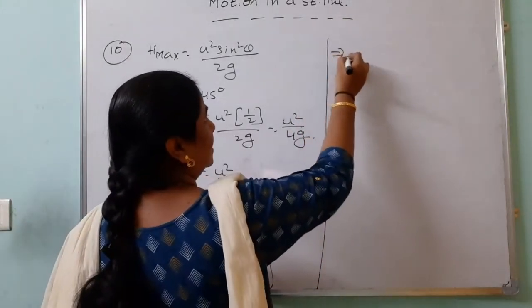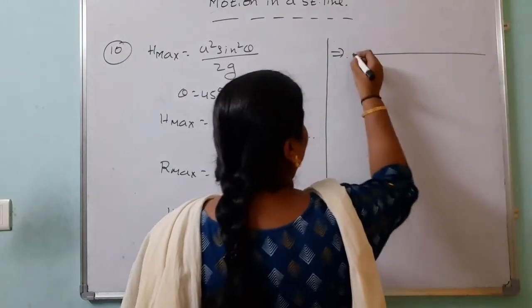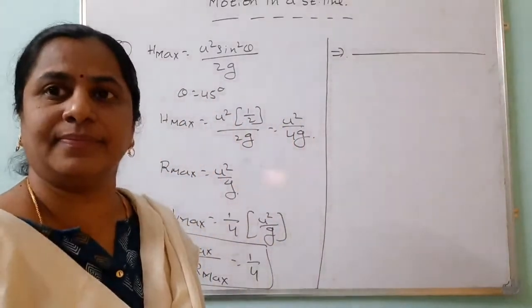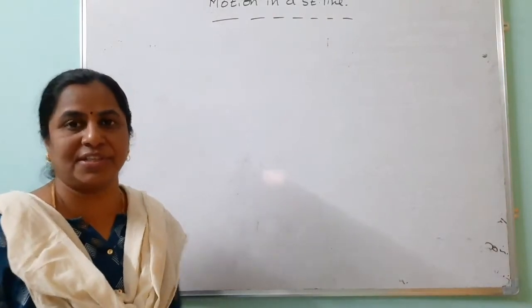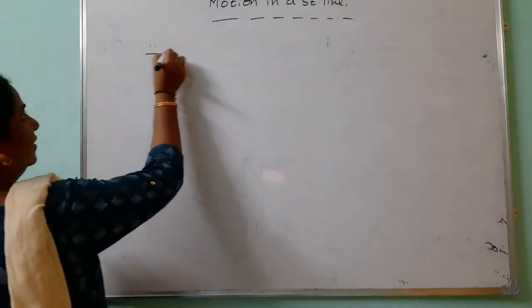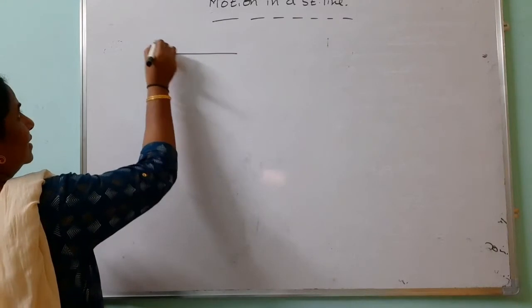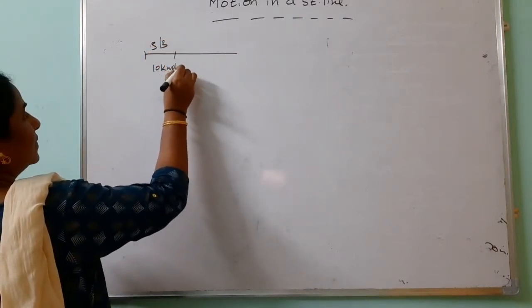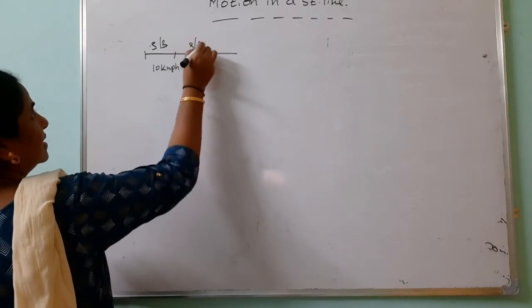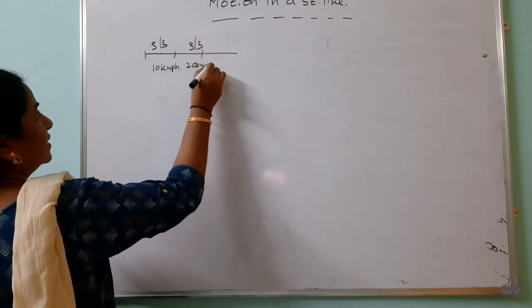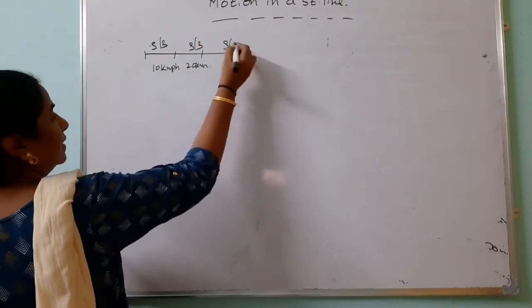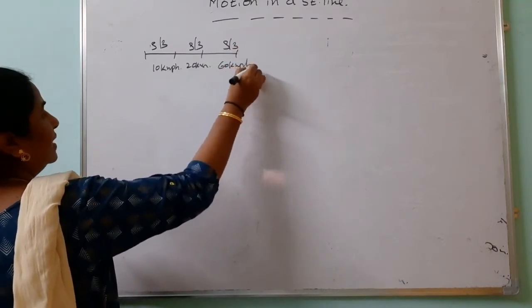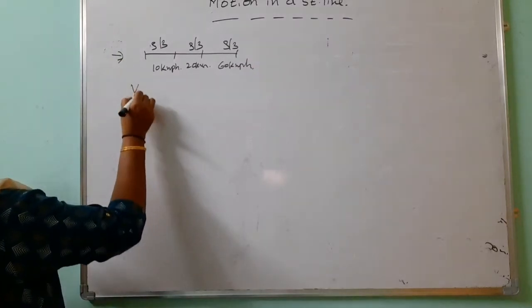The question is, a very important problem from motion in a straight line. The given data is: in the first third of the distance he is moving at 10 kmph, in the second third of the distance at 20 kmph, and in the last third of the distance at 60 kmph. In this case we can find out the average speed.